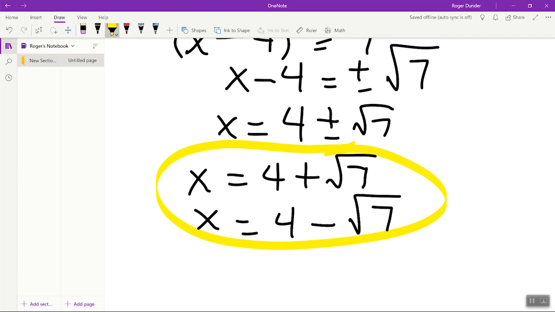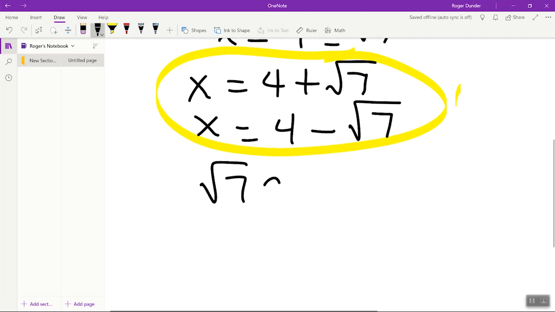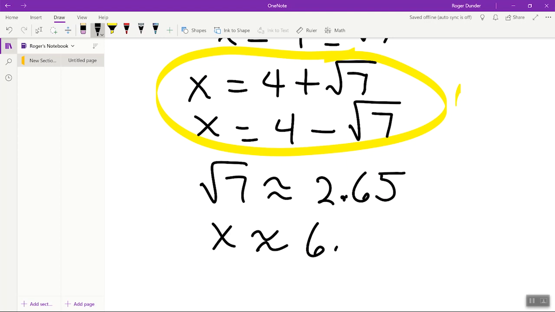Again, if you were going to do a decimal approximation, you would take the square root of 7 and work it out. The square root of 7 is approximately equal to 2.65. So if you add that to 4, you get 4 plus 2.65, which is 6.65.